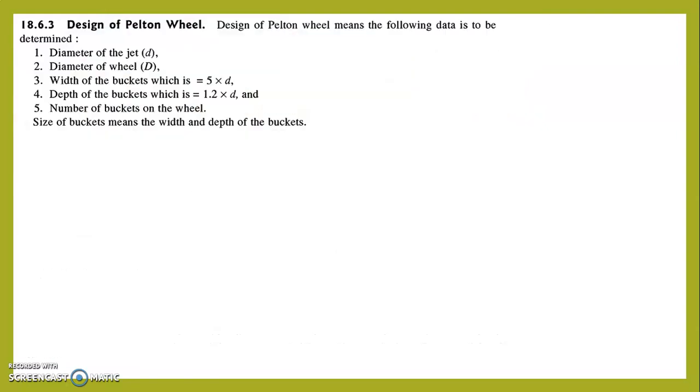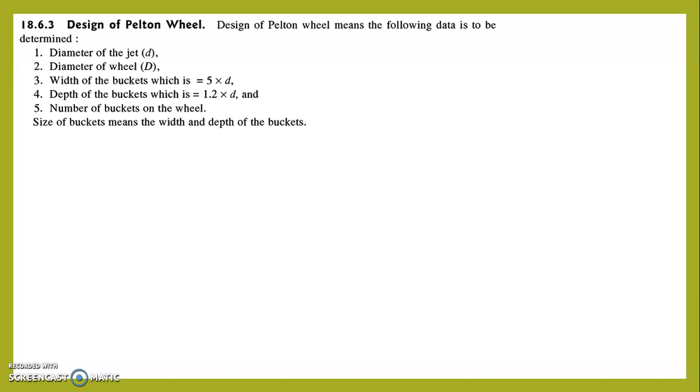Okay, and in Pelton wheel we will generally expect a question like design of a Pelton wheel. So simply they will provide in the question: design a Pelton wheel. Many students ask what we have to calculate.